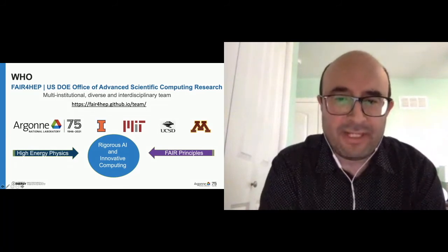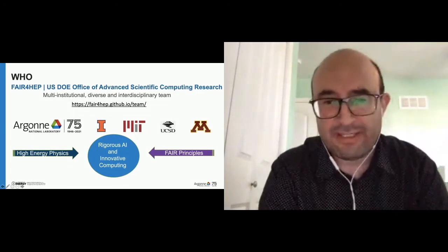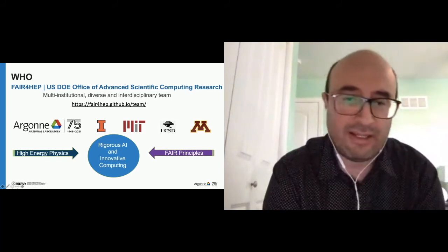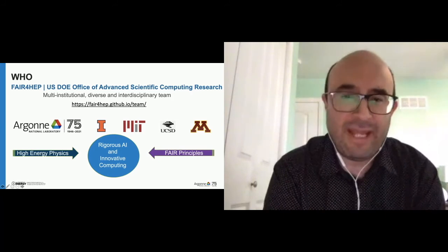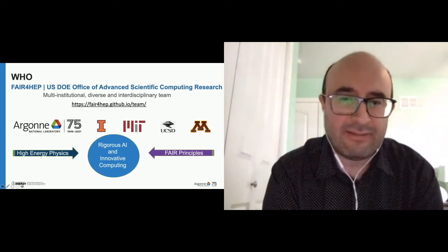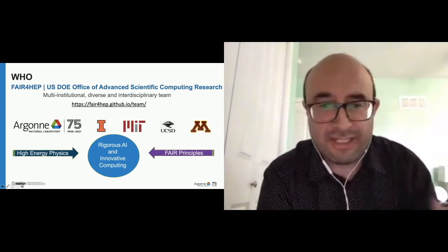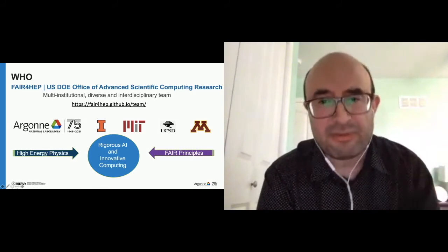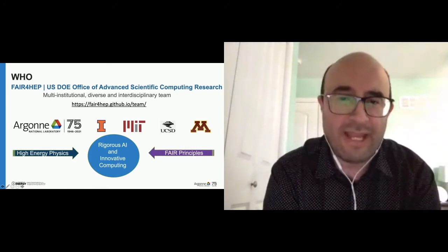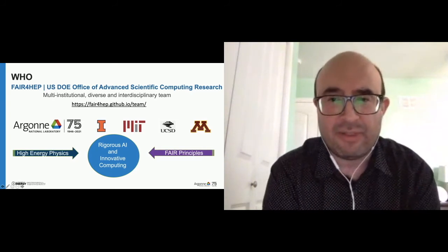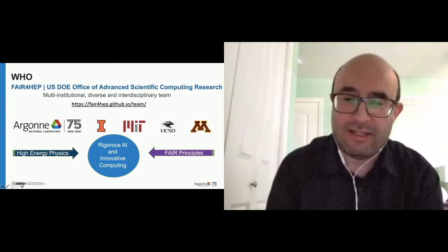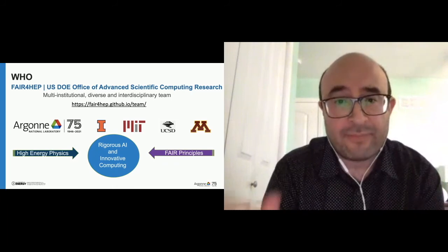And now the question is, can we try to integrate this knowledge and our expertise in AI and innovative computing to create a framework where we can gradually bring our community up to speed with how we can collect or produce FAIR data sets, and then how this can be used to maximize AI for discovery.